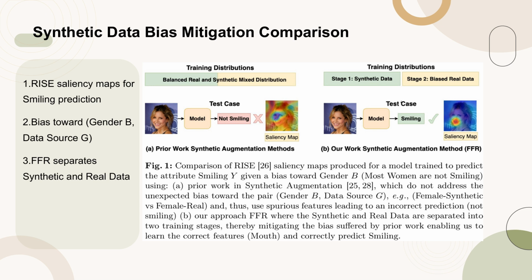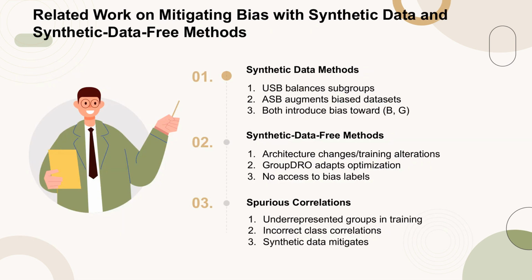In the realm of bias mitigation, synthetic data methods like USB and ASB have been employed to balance underrepresented subgroups and augment biased datasets. However, these methods introduce bias toward the distinction between real and synthetic data. On the other hand, synthetic data-free methods modify architecture or training procedures to mitigate bias without relying on synthetic data.